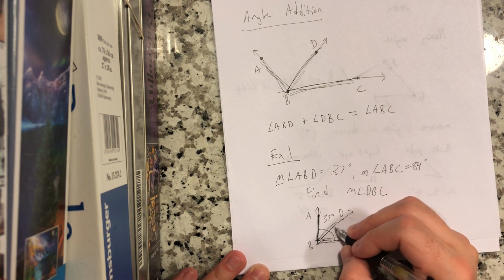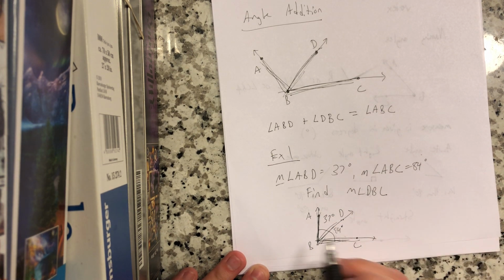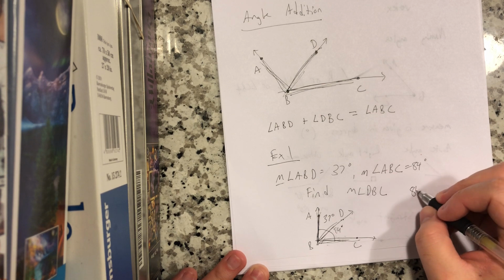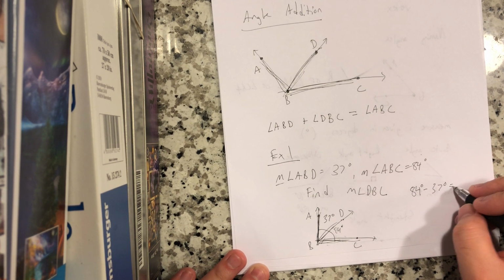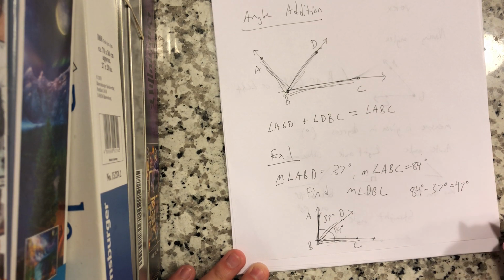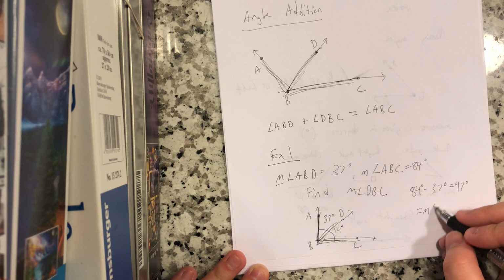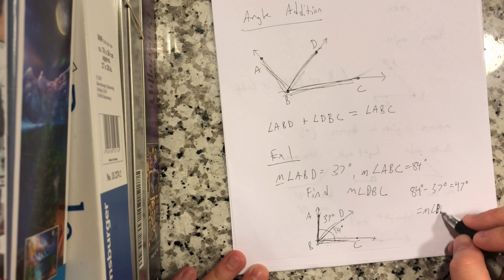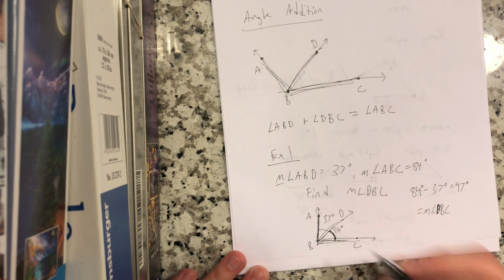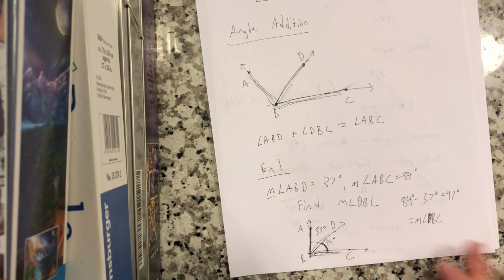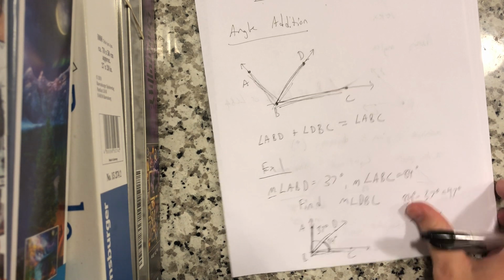If the whole thing is 84 degrees, we're trying to find just this little part in here. To find it, we subtract 84 degrees minus 37 degrees, which gives us 47 degrees, and that's the measure of angle DBC, or just this little part down in here. Okay.